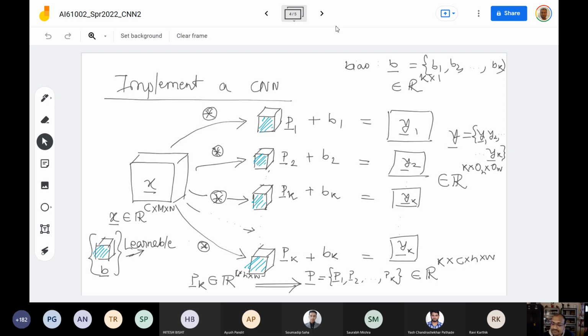Sir, why are we using multiple P's in the convolution? Are they representing the weights for every class, or is it something else? Every convolution kernel over here is similar to a separate neuron in a fully connected layer. In a fully connected layer, what did you have? You had my inputs and I was connecting them to multiple outputs.